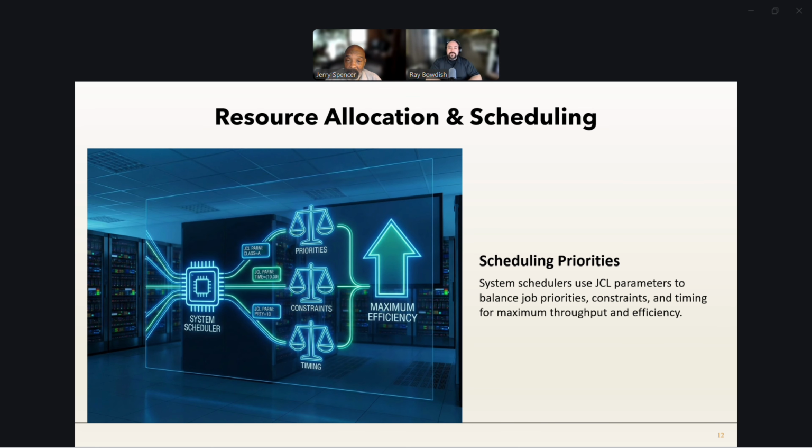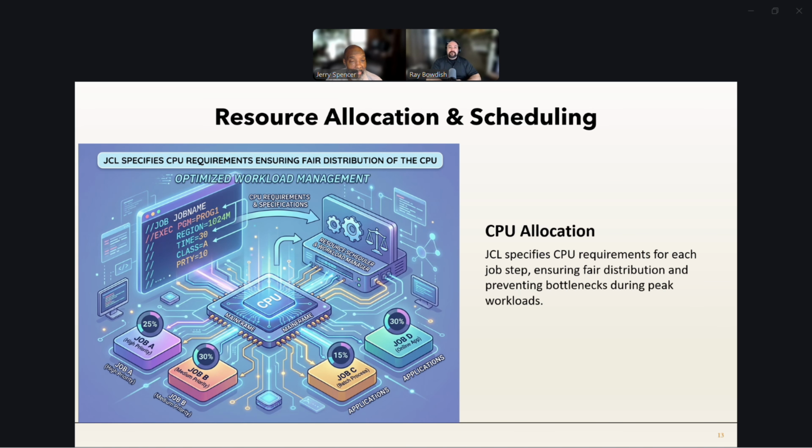And as we've talked about before, one of the major things is parallel processing, and so the CPU allocation. Technically, a CPU can only perform one action at a time.